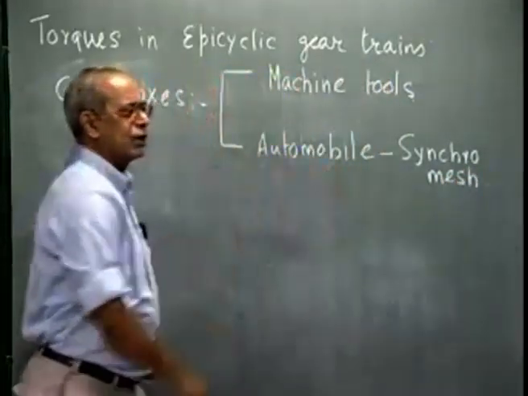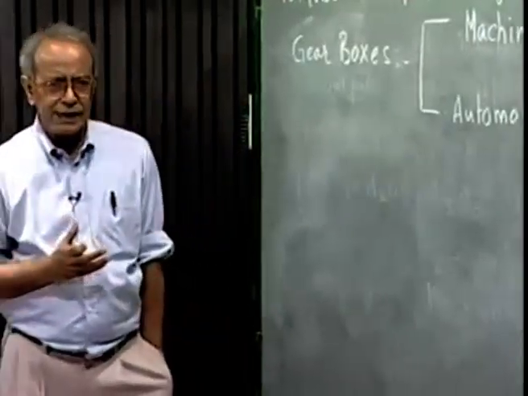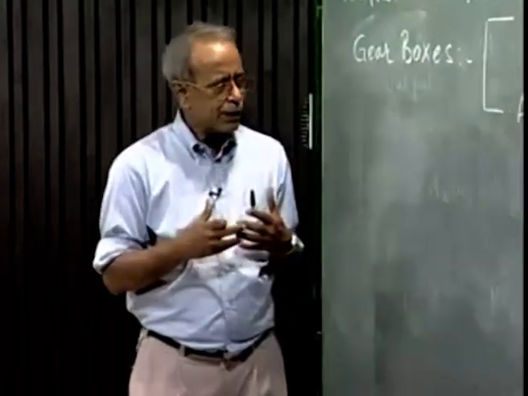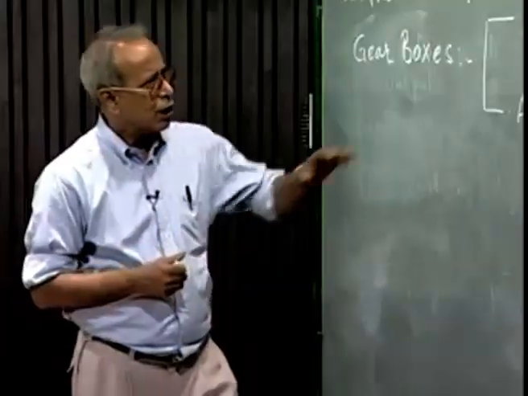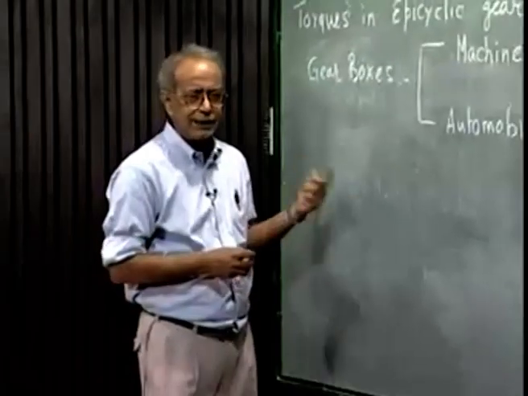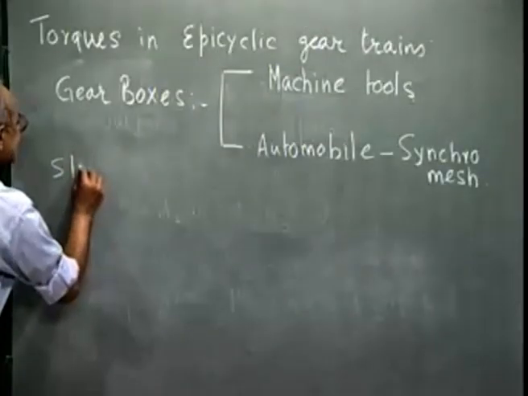This is a complicated system where a clutch action is needed such that gears which are going to engage are speeded up and get to the proper speed before they get into engagement. Whereas these machine tool gearboxes, which are easier to design and easier to analyze, use what is known as sliding clusters.